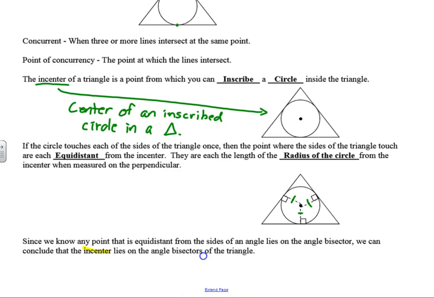The incenter, let me get a thicker highlighter, lies on the angle bisectors of a triangle.